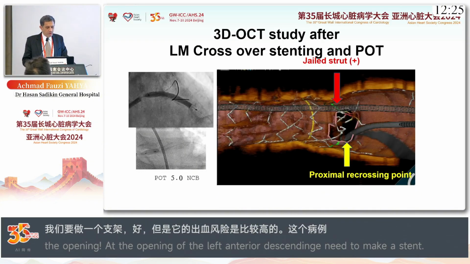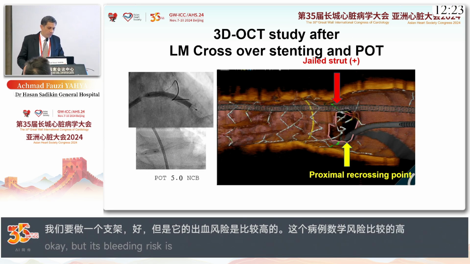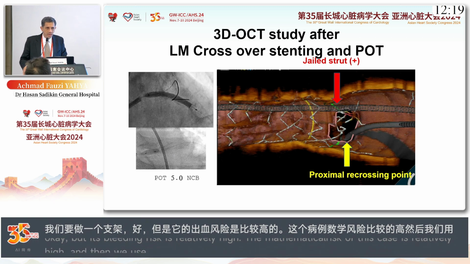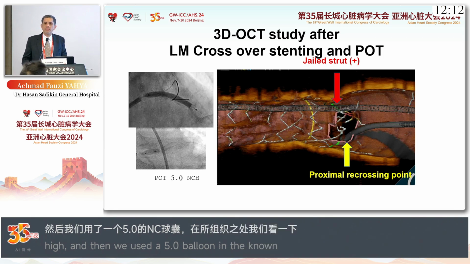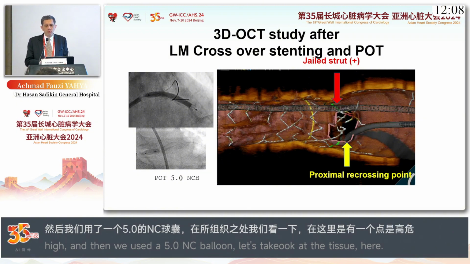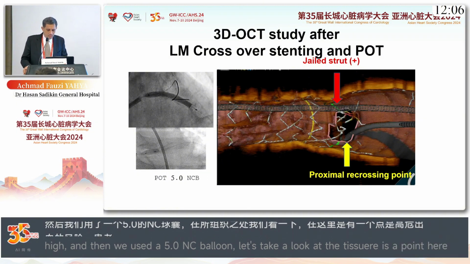And then after we used a 5.0 non-compliant balloon after crossover stenting from the LAD to left main, look at this proximal recrossing point. There is an overlying strut there. This is a high bleeding risk lady, so we have to remove all the struts there.